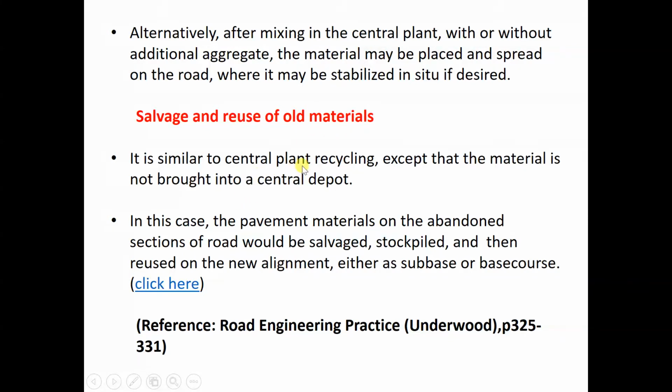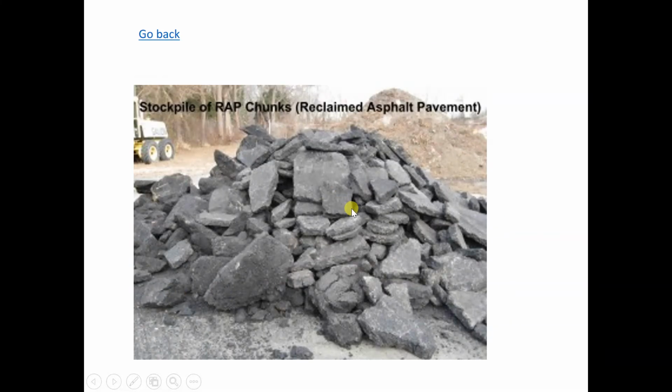So this one is similar to central plant recycling, except that the material is not brought into a central depot. In this case, the pavement material on the abandoned section of the road could be salvaged, stockpiled, and then reused on the new alignment, either as sub-base or base course.